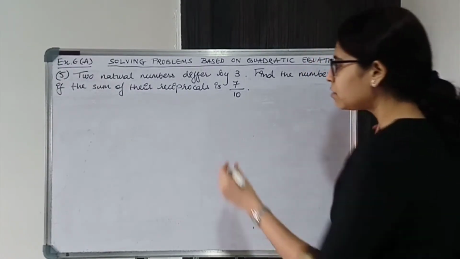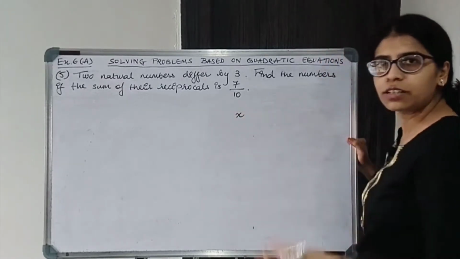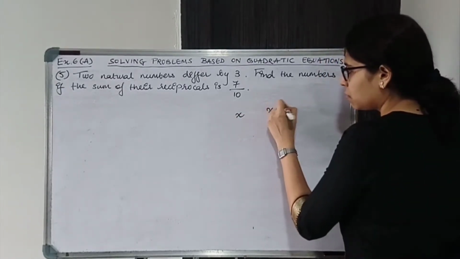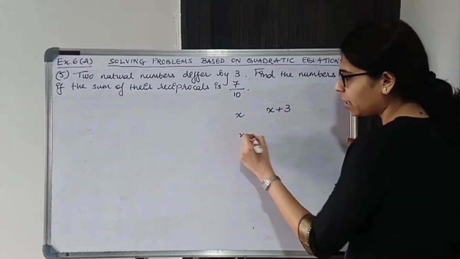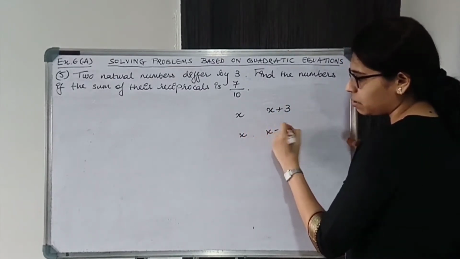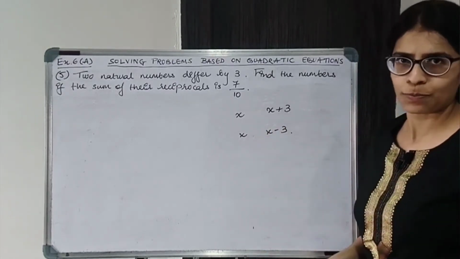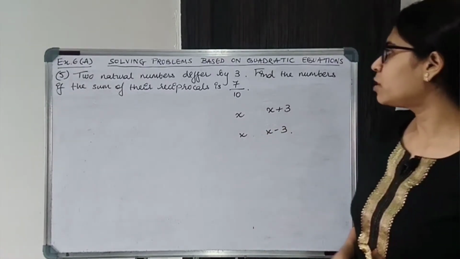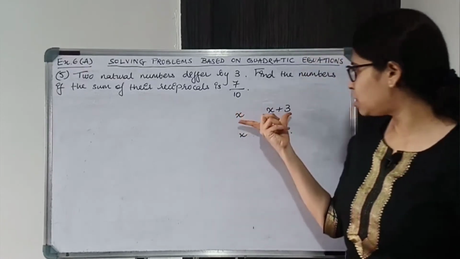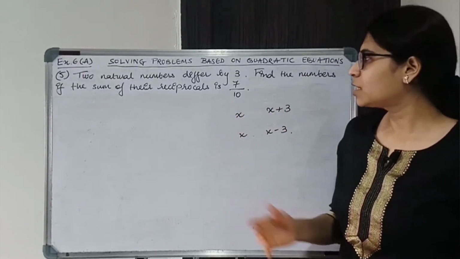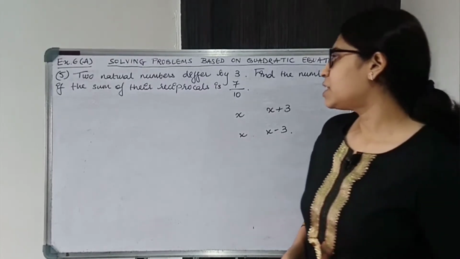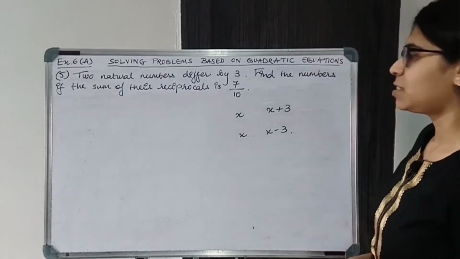So if one is x, दूसरा क्या हो जाएगा? X plus 3. Okay, you can also take x and x minus 3. You can take that way also. Alright, so two natural numbers differ by 3. I'll be taking these two. Okay, you can also take these two, you will still get correct answer. Alright, find the numbers if the sum of their reciprocals is 7/10.